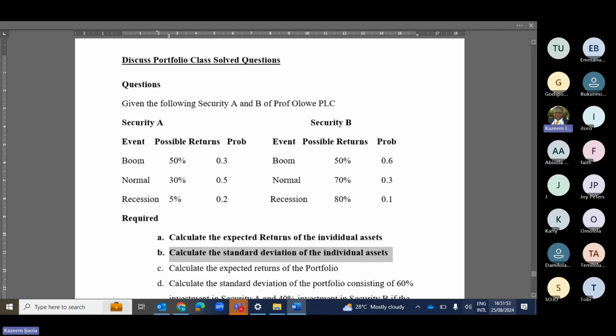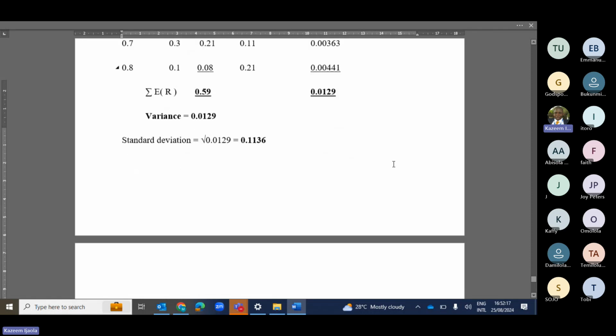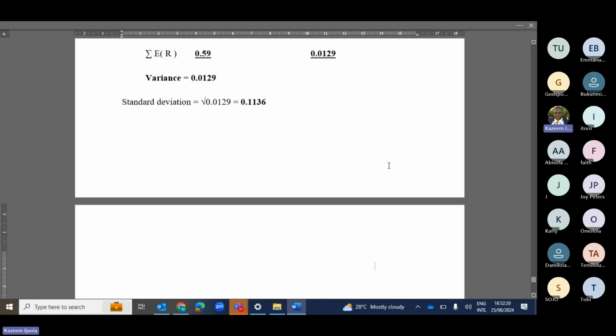Let's calculate the expected return of the portfolio. C, expected return of the portfolio. That's the next thing we have to calculate now.